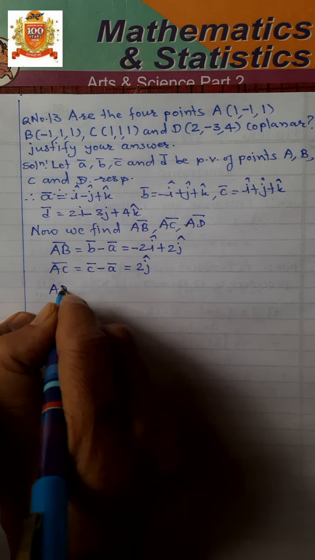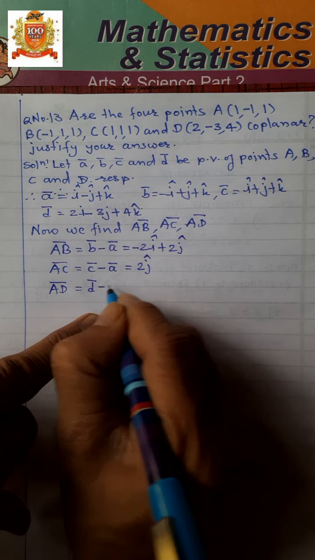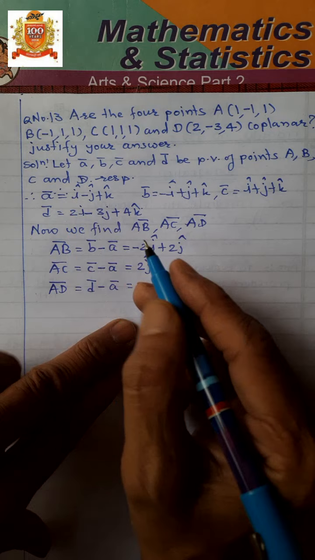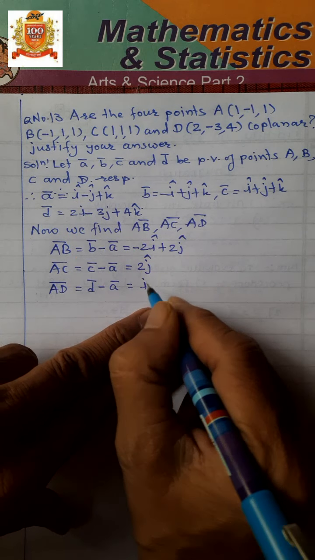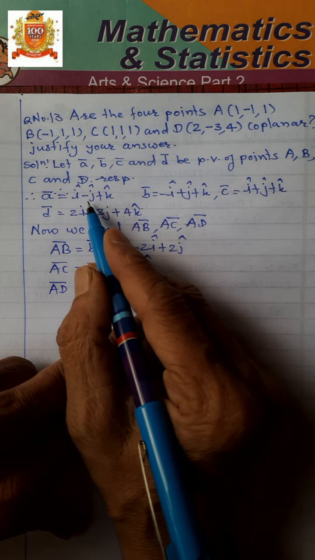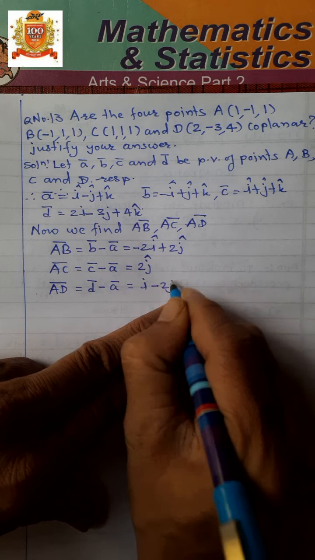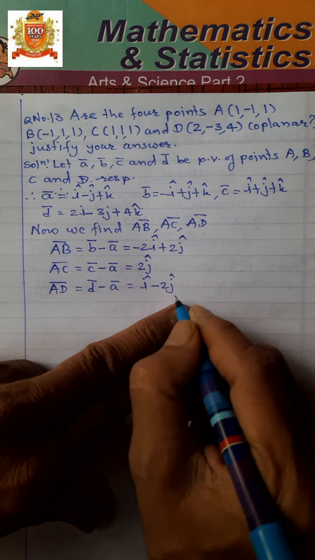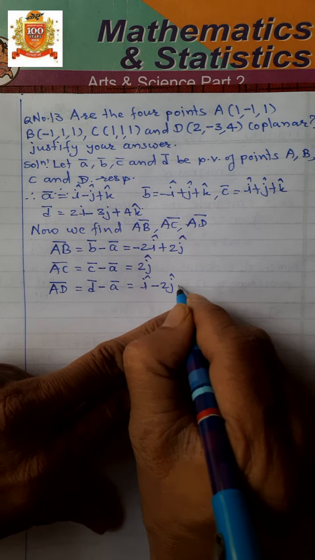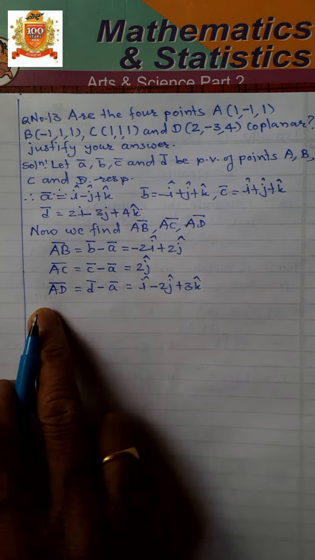And AD bar is equal to D bar minus A bar, which is equal to 2i minus i, that is i, minus 3j plus 1j, that is minus 2j. Then 4k minus 1k, that is plus 3k. In this way we found AB bar, AC bar and AD bar.